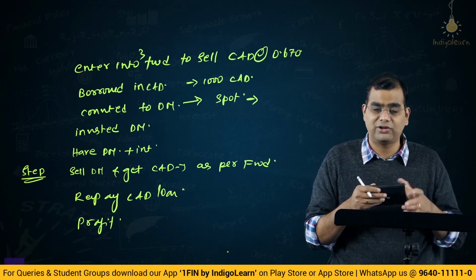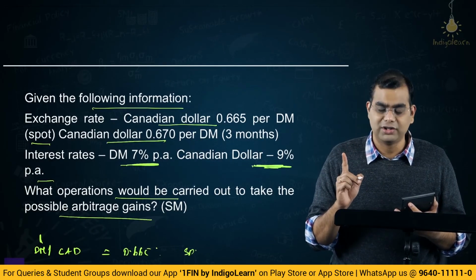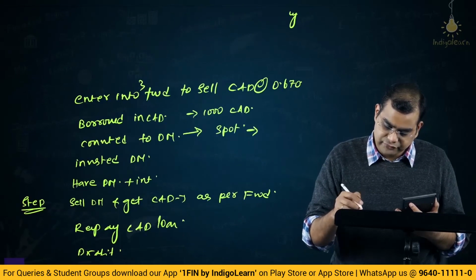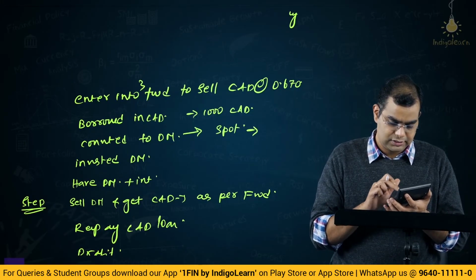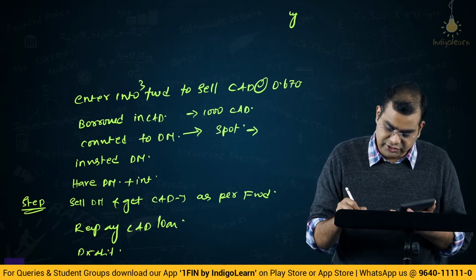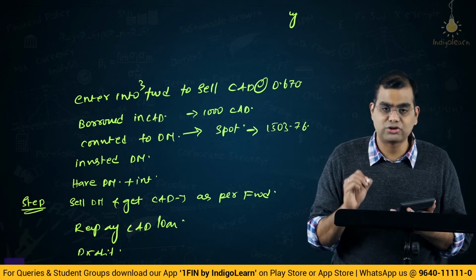For every 0.665 Canadian dollar, it is 1 DM. So, how many DM will you get with this? If you convert this at spot, you will get 1503.76. Okay, you will get so many DM.